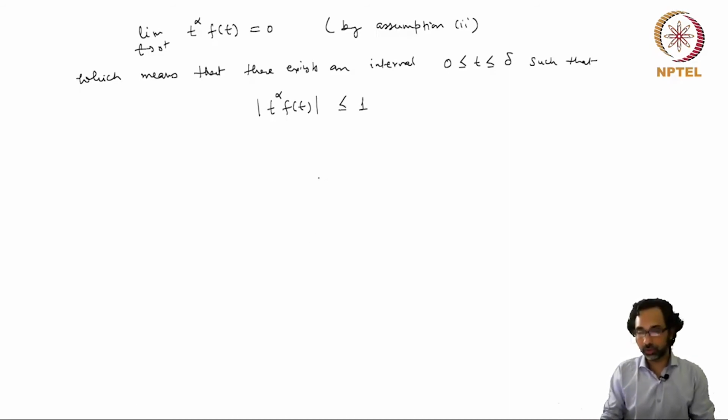Because the limit goes to 0, the modulus must be less than 1 for some interval 0 to delta. This is the definition of the limit.